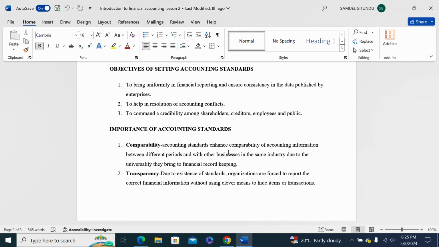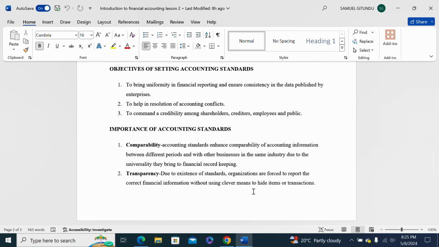The next importance is transparency. Due to the existence of standards, organizations are forced to report the correct financial information without using clever means to hide items or transactions.